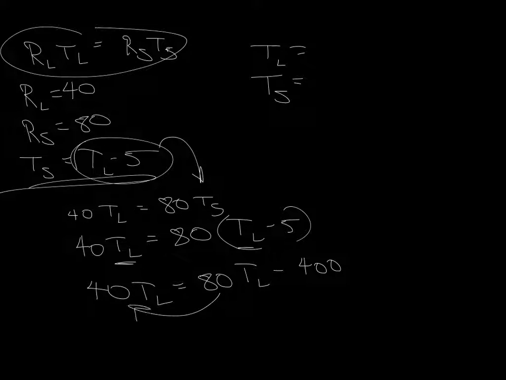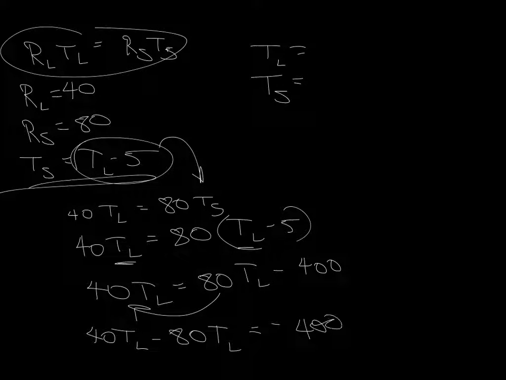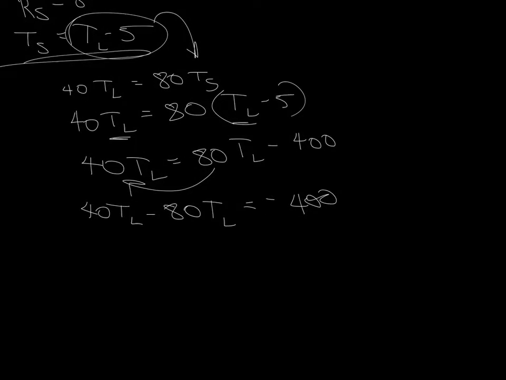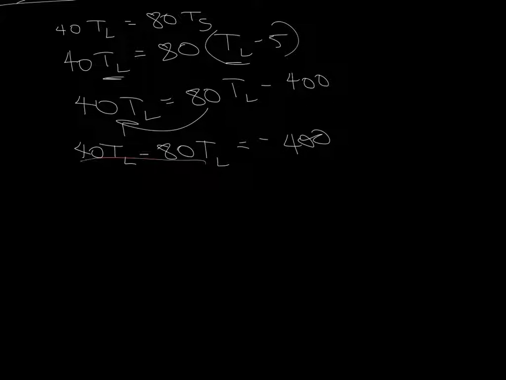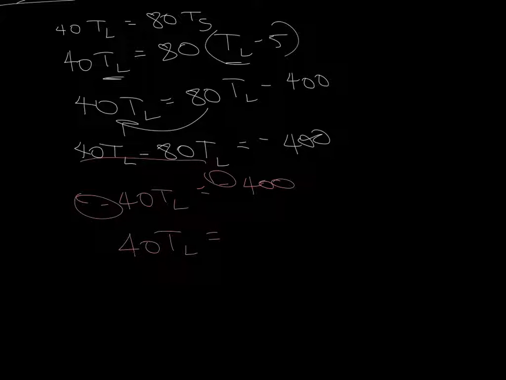And let's go ahead and move this over. Move this all up. Okay, in red, that gives me negative 40. Now remember, if you have a negative, you can change it to a positive if you change everything. Divided by 40, and TL equals 10.